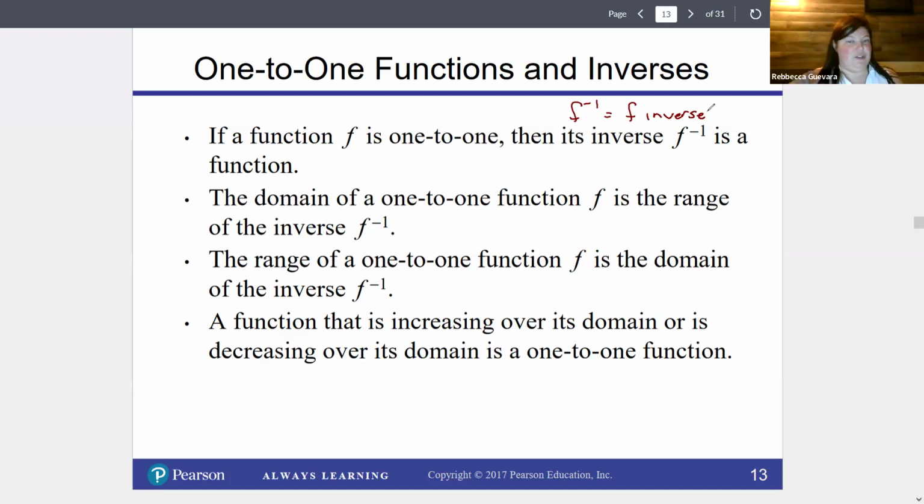So the domain and range are going to switch places. The range of the one-to-one function is now the domain of the inverse function. If a function is increasing over its domain or decreasing over its domain, it is a one-to-one function. Meaning, if it's increasing, like it looks like this the whole time, it just stays increasing.